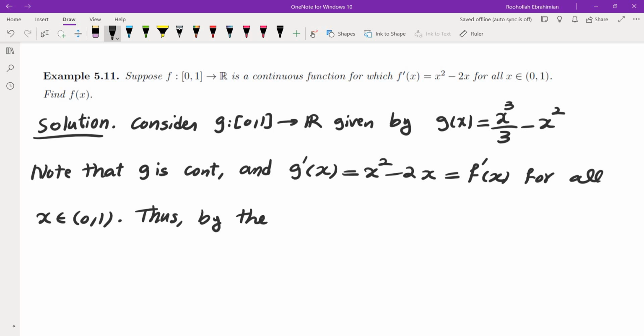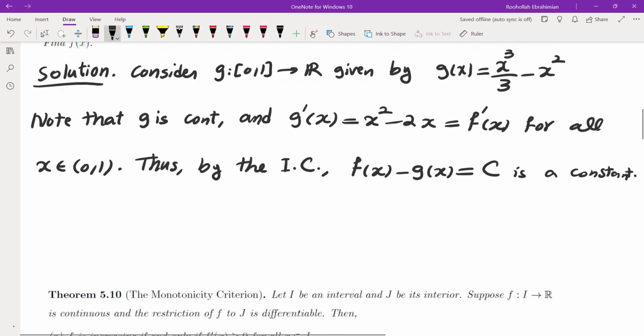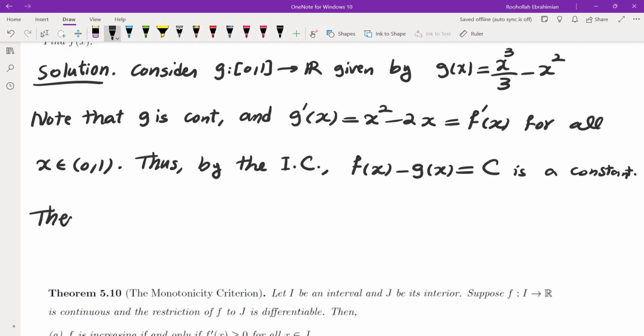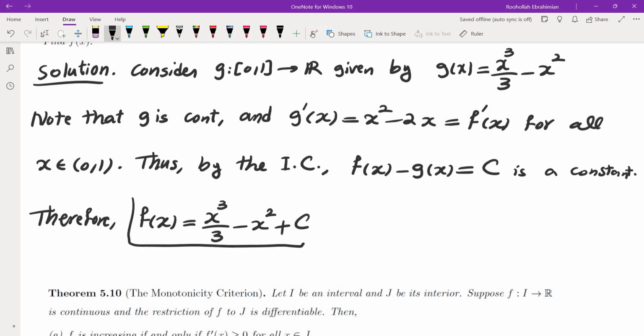Thus, by the identity criterion, f of x minus g of x is a constant. Therefore, f of x is g of x plus c, which is x cubed over 3 minus x squared plus c.